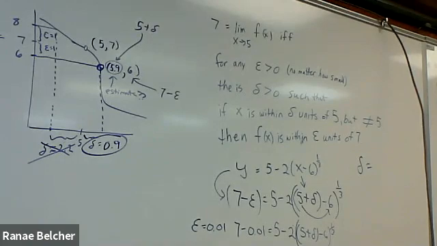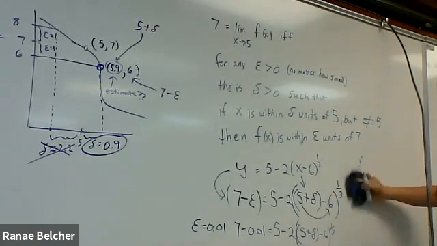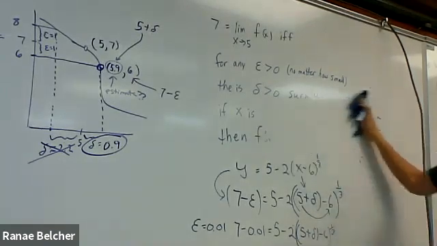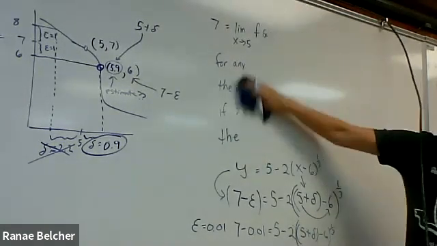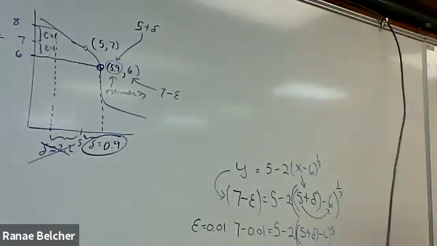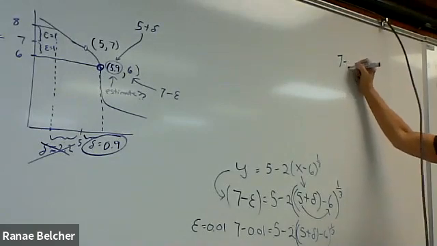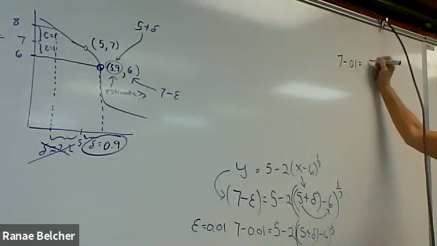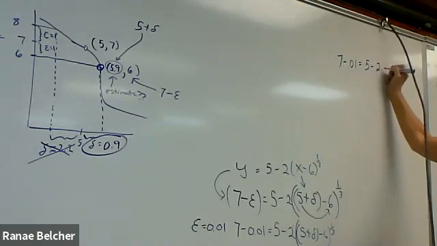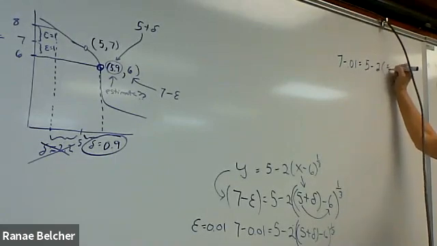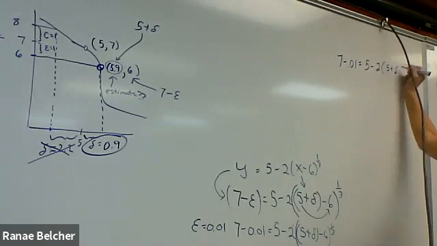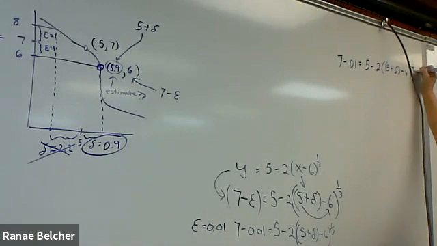Okay, let's do it like this. So we're going to have 7 minus 0.01 equals 5 minus 2 times (5 plus delta) minus 6 to the 1/3.